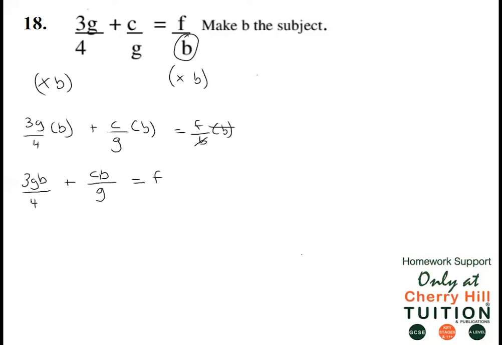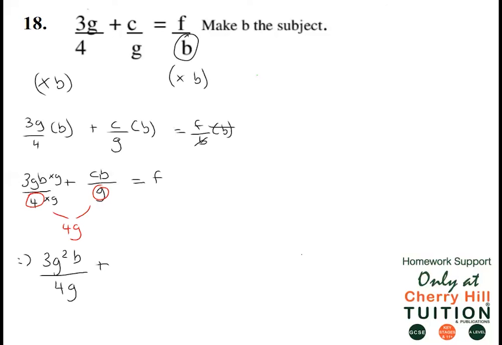So we now need to simplify this fraction on the left-hand side. With algebraic fractions, what we need to do is multiply the two denominators, which gives us 4g. And now we need to convert these fractions into denominators with 4g. The way we can do this is we can multiply 4 by g, and we do the same to the top, giving us 3g squared b over 4g, and then we have a plus.